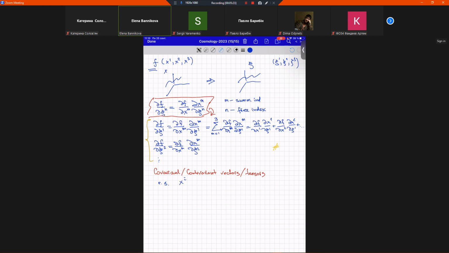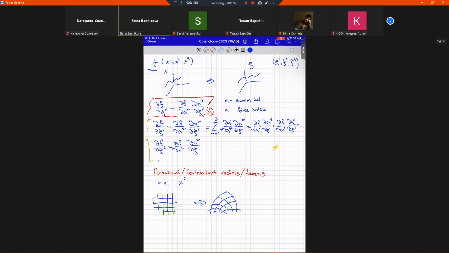And schematically, I can draw it like this. So this is some coordinate system. And we go to another coordinate system, and it can be, for example, like this. For now, we will call it just another.